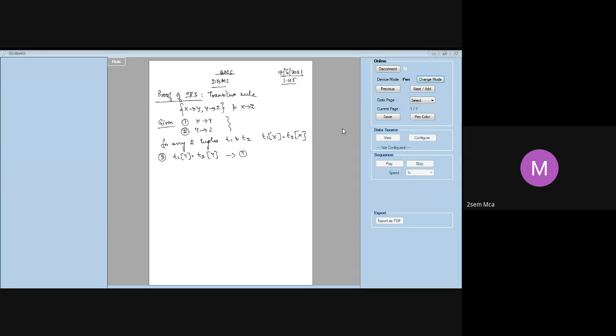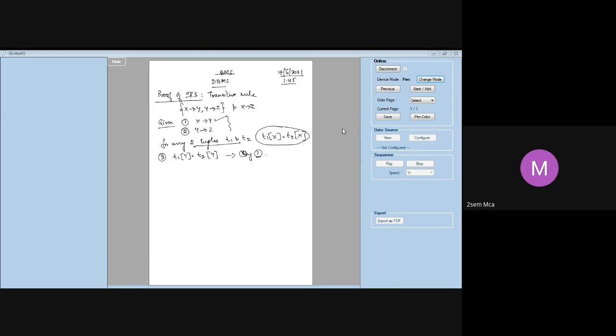Then for any two tuples T1 and T2 in R, if T1 of X is equal to T2 of X, then obviously T1 of Y should be equal to T2 of Y. This is by the first point, because we are given X determines Y. I can write this because of our assumption 1.